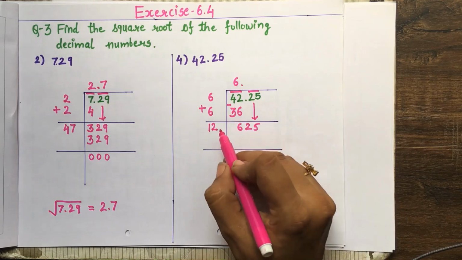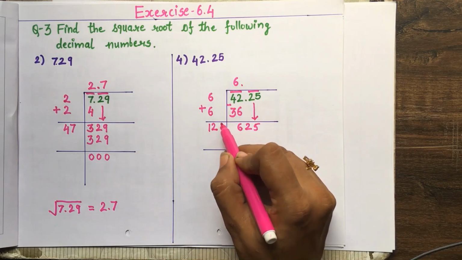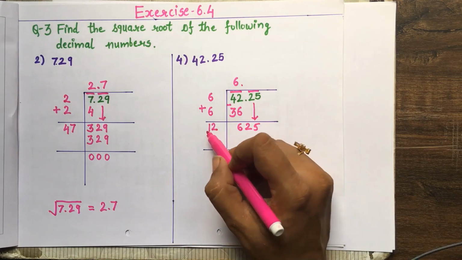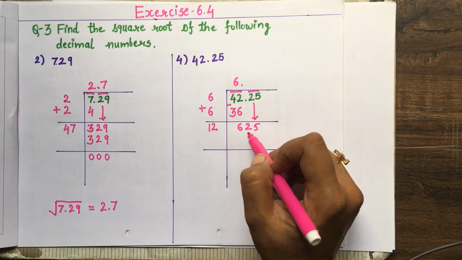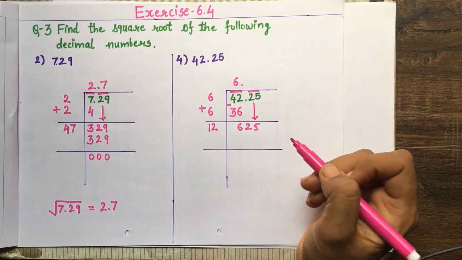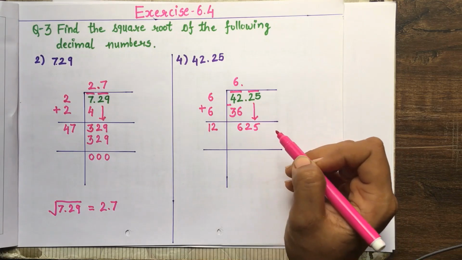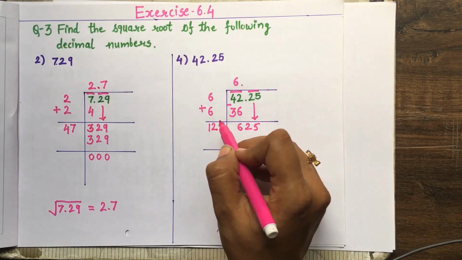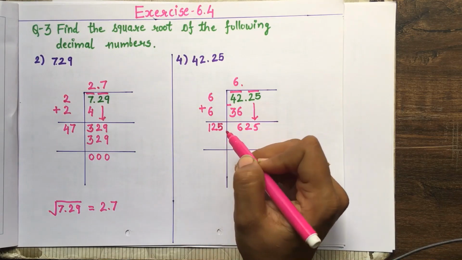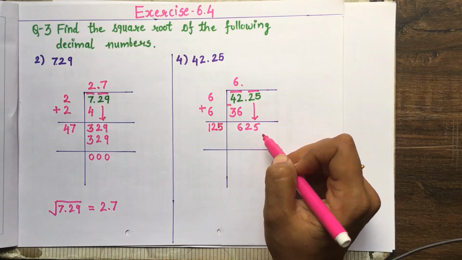Again we have to search for a digit after 12 in the unit place, such that if we multiply the new number with the same digit, the result should be equal to or smaller than 625. 625 has 5 in the unit place, so obviously we need to put 5 over here, because 5 5s are 25, and only then can we have 5 in the unit place.